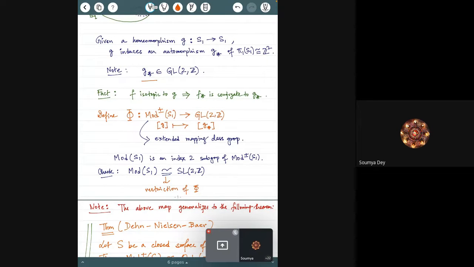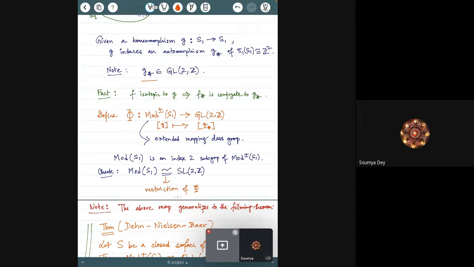Now, if you consider two such homeomorphisms from S1 to S1, say F and G, which are isotopic, this means they belong in the same mapping class, right? You can see that F star and G star will be conjugates. Okay, inside your GL2Z, these will lie in the same conjugacy class.